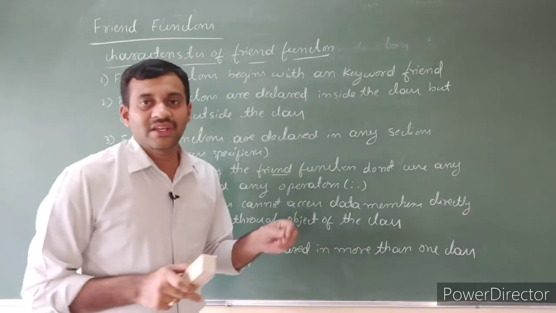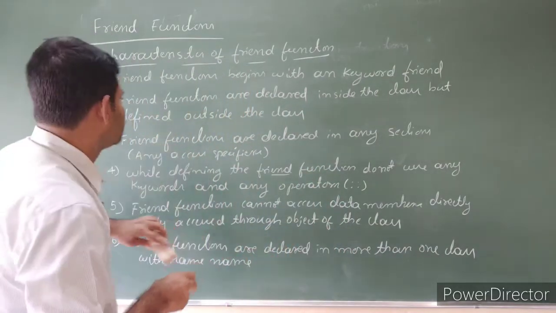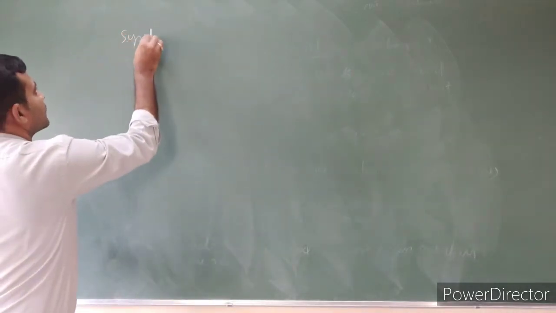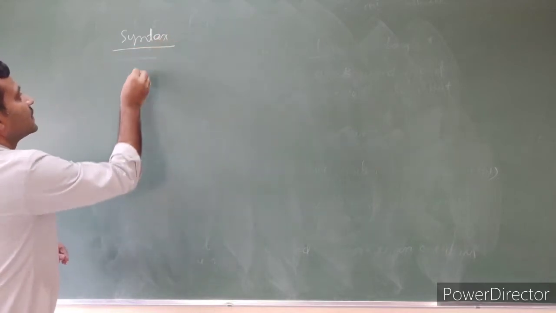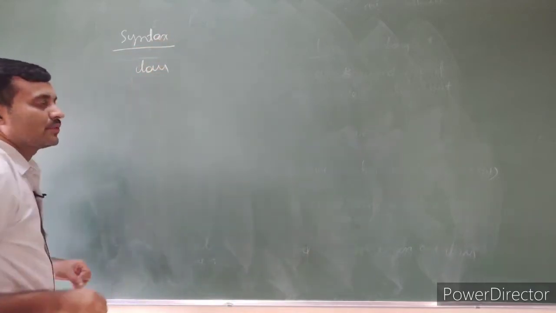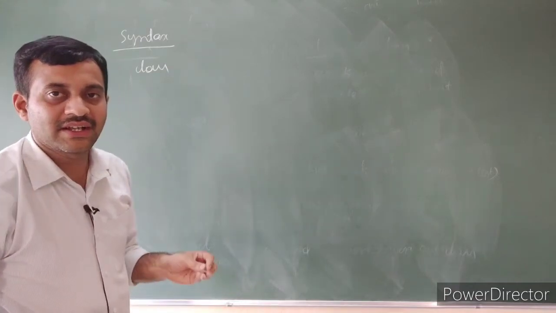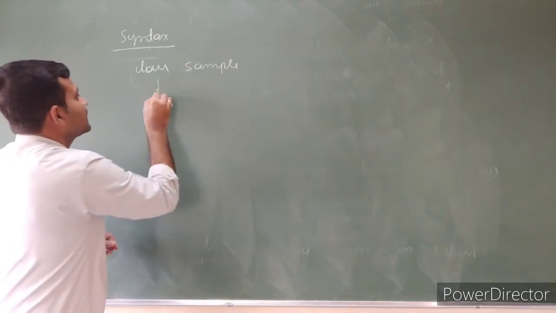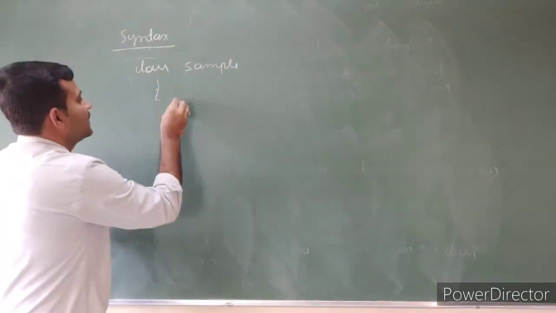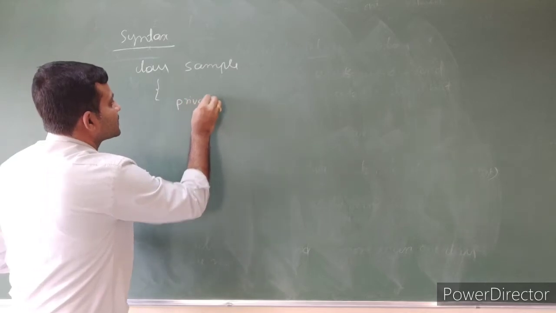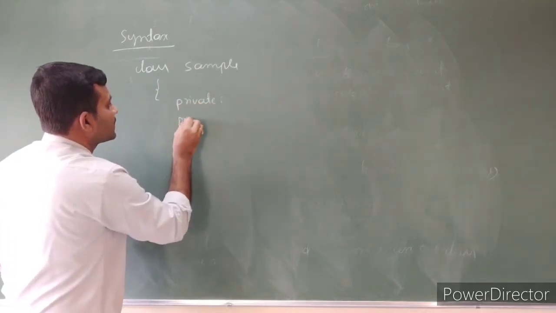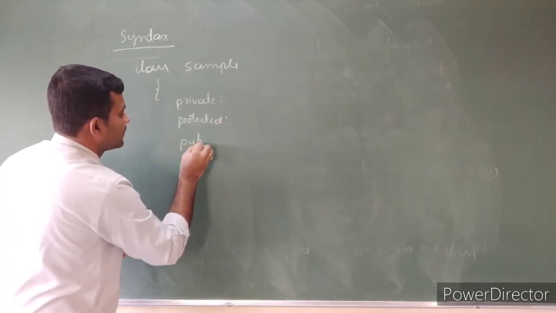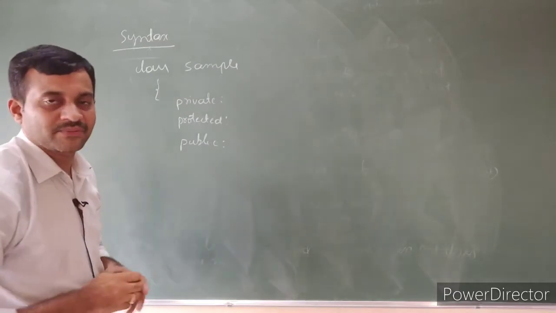Let's discuss the working of the friend function with an example. See the syntax of the friend function. Inside the class, we have to declare a function. Class sample: the declaration can be anywhere in the class. The class has a private section, protected section, then public section. These are the three access specifiers.